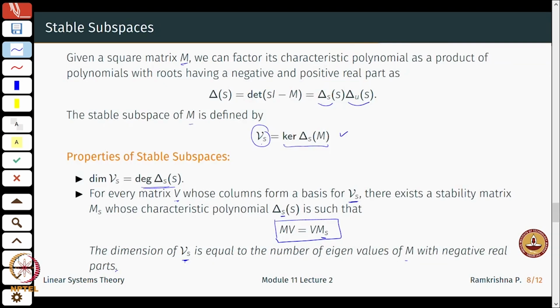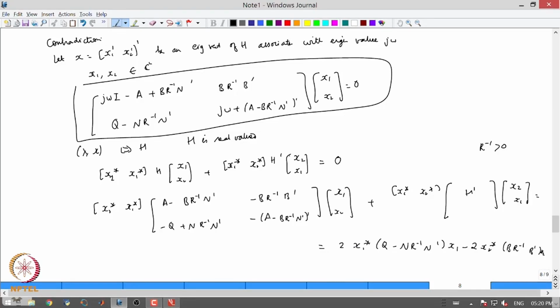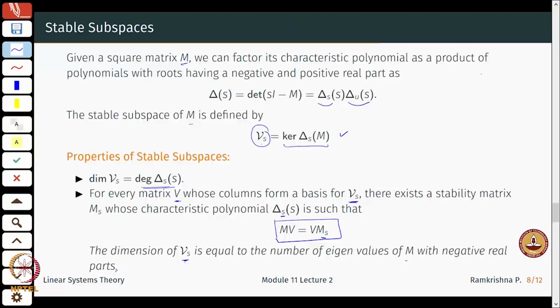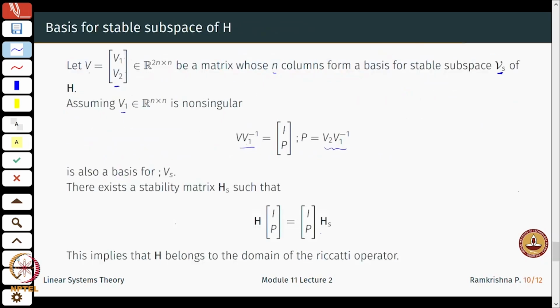For every matrix V whose columns form a basis for the stable subspace, there exists a stability matrix Hs, whose characteristic polynomial is such that HV equals V Hs.